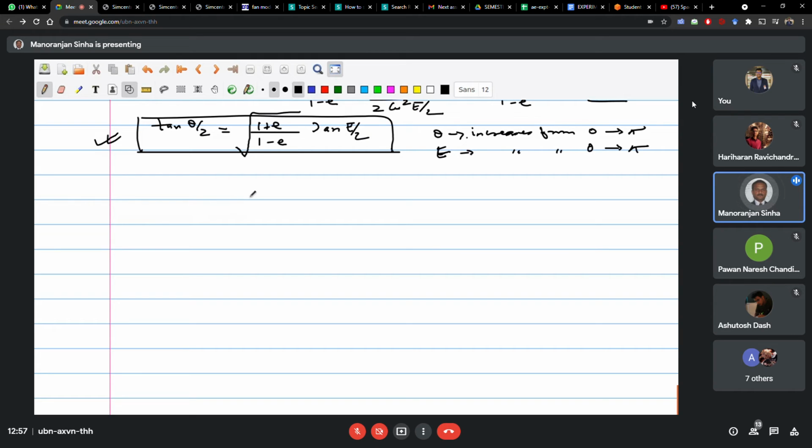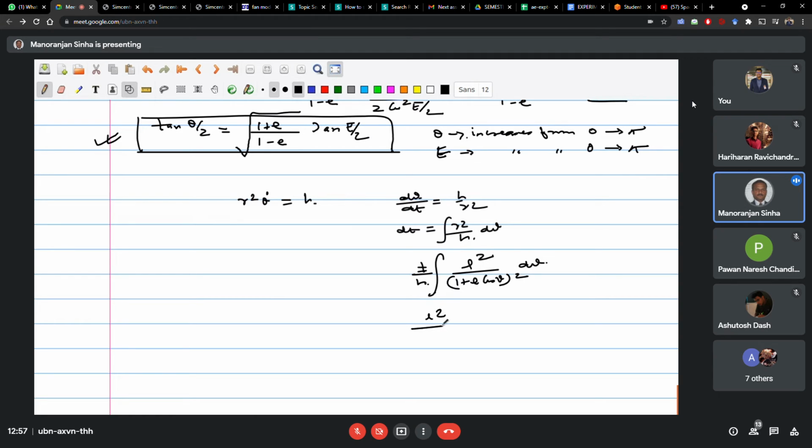The problem is that, as I told you, to get the ephemeris or the position in the future, we need to work with this equation. For this we are writing r square divided by h d theta. So in this case, this is L by 1 plus e cos theta whole square, and outside we can take h, so this becomes L square divided by h, d theta by (1 plus e cos theta) whole square.